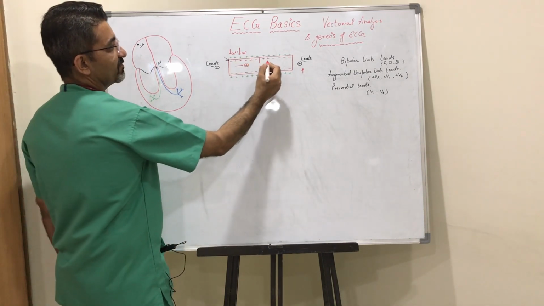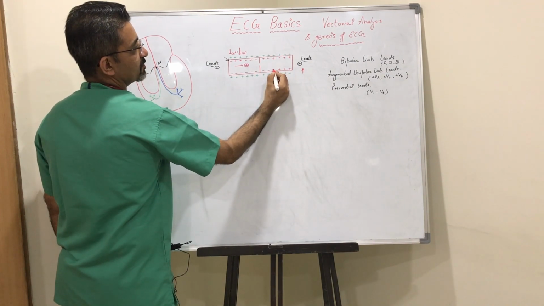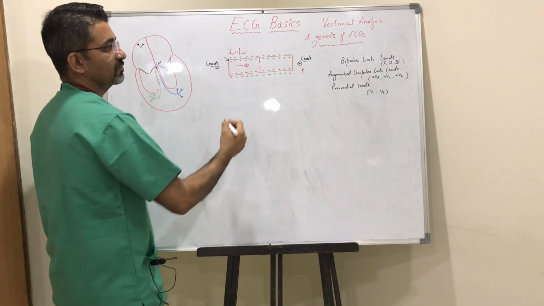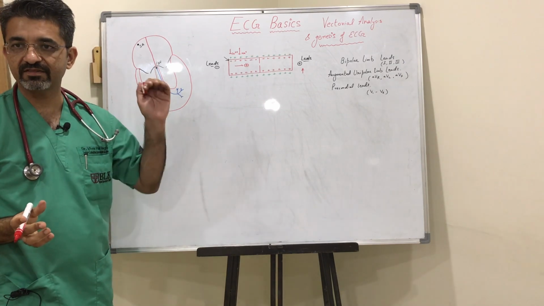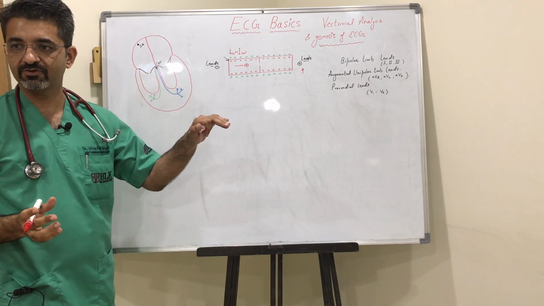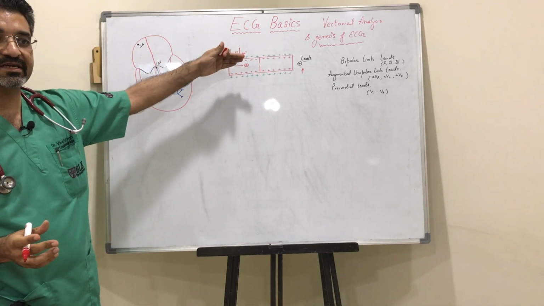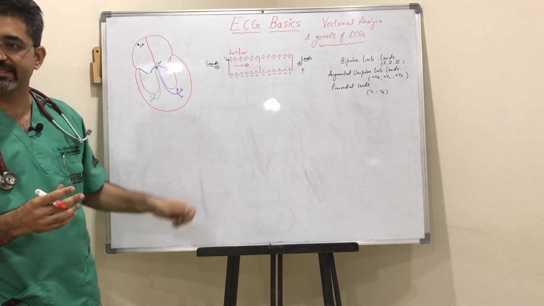So there will be a time when the whole cell is depolarized. When the whole cell becomes depolarized, there is no net electrical movement. So again there will be an isoelectric line during the recording. But to get the cells stimulated again, it has to go back to its resting membrane potential, that is negative.